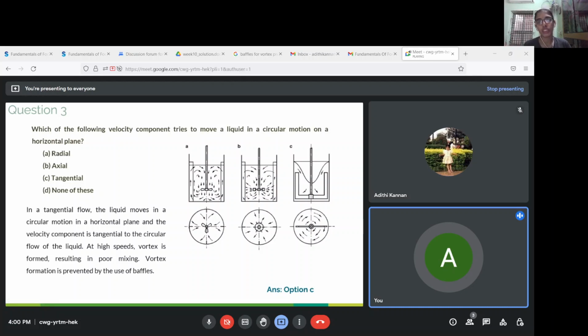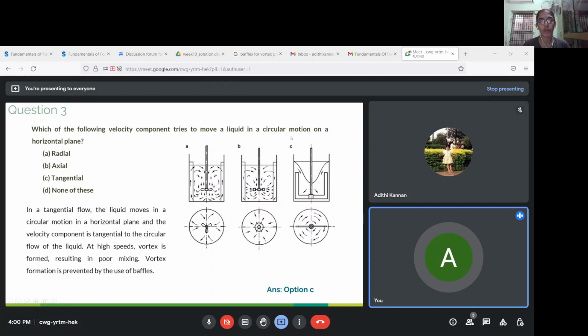So what happens in this case is that when you have solid particles in the fluid that you are mixing, they are thrown towards the walls of your mixing equipment and will settle down at the bottom of the tank. So tangential flow will not be able to take these settled particles and mix them properly when you have a very high vortex formation.